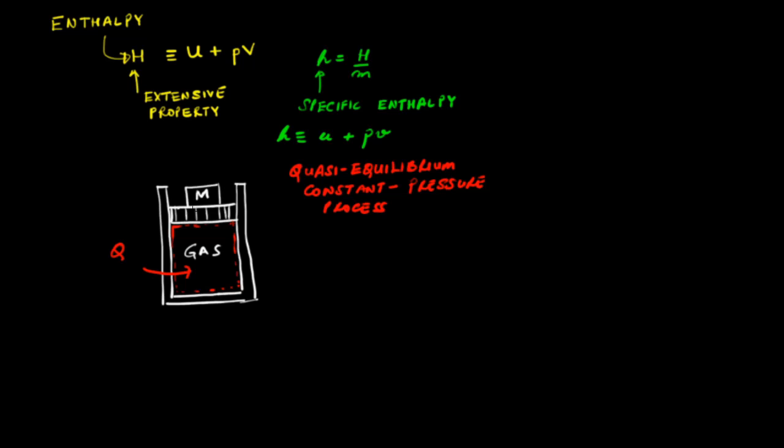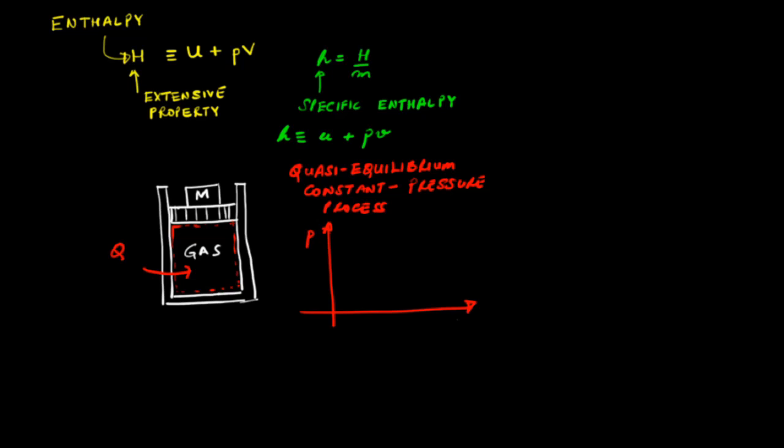That means the pressure remains the same during this process, and if the process is slow enough, then we can assume that it goes through a series of quasi-equilibrium states, and therefore this gas will undergo a quasi-equilibrium constant pressure process. So let's say that we take this system from state 1 to state 2.